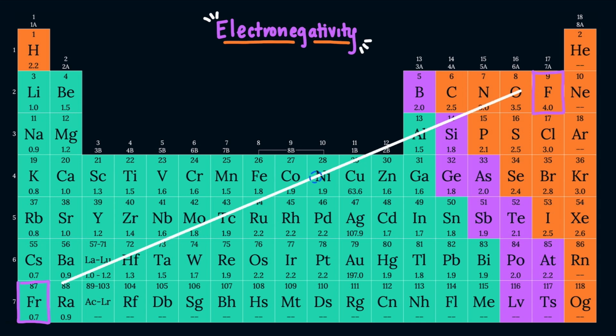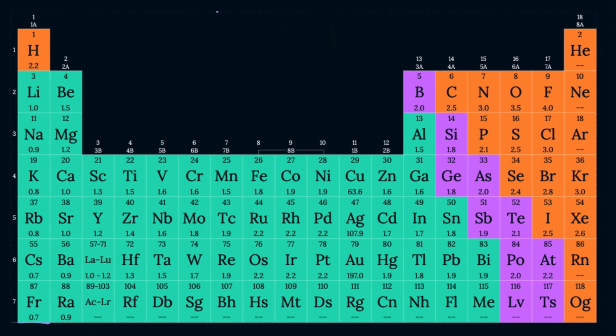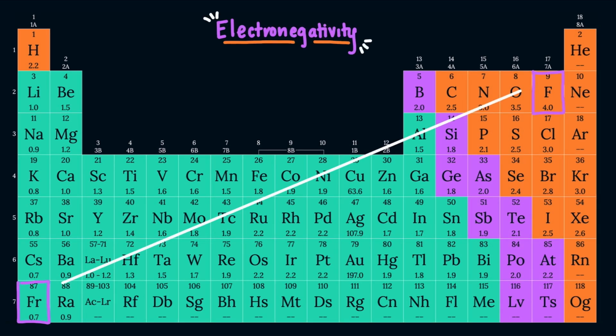If you guys don't have these numbers available, you could just remember the general trend of electronegativity. And knowing the general electronegativity trend is also good to know as well.